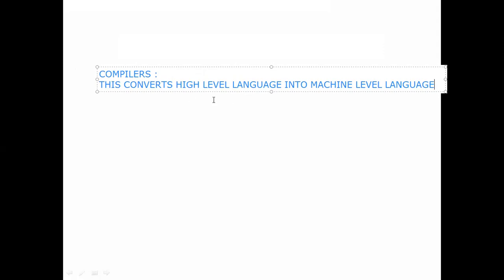Whatever high level language is given by the user is converted into machine language. If this compiler does this activity very fast, then the execution is also very fast. That means the execution time will be very less. In this way also the performance will vary.